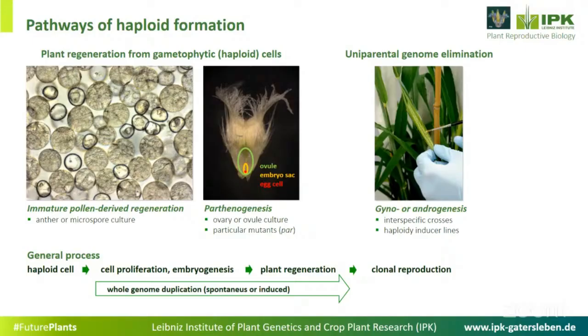And as soon as you have this double haploid plant, you can practically clone this plant because it's entirely homozygous. It will not segregate anymore. And the purpose for the breeder or the researcher is that what you see in this plant is what you get in the next generation. And of course, this is a breeder's dream, not to have any segregation anymore after selecting something which is useful.